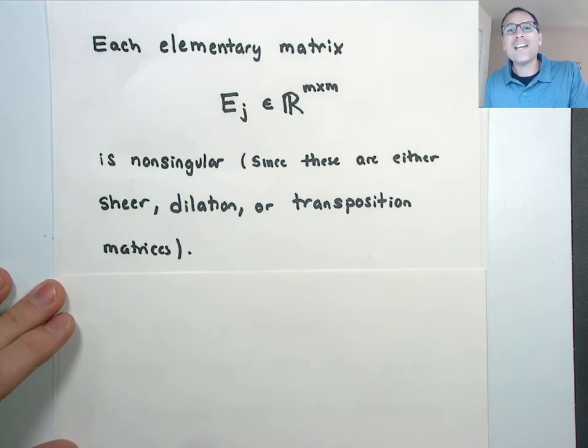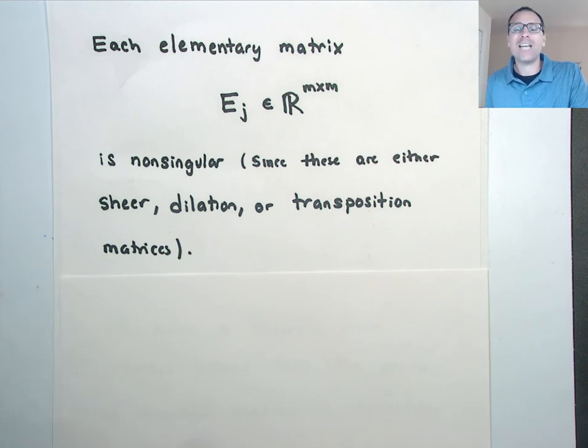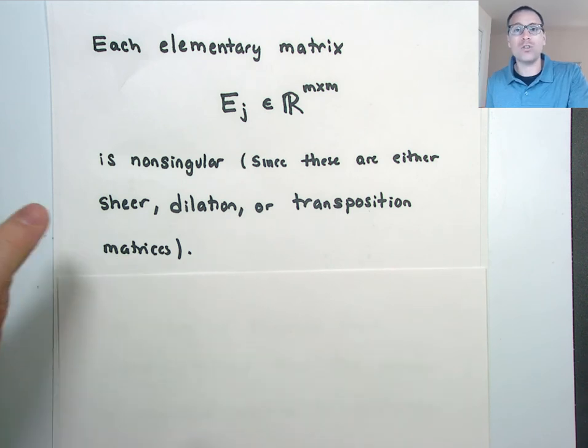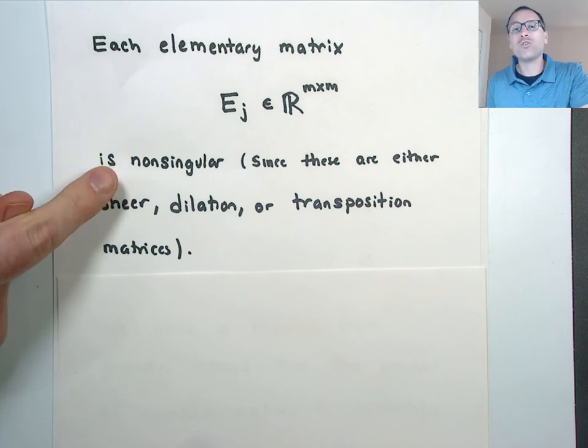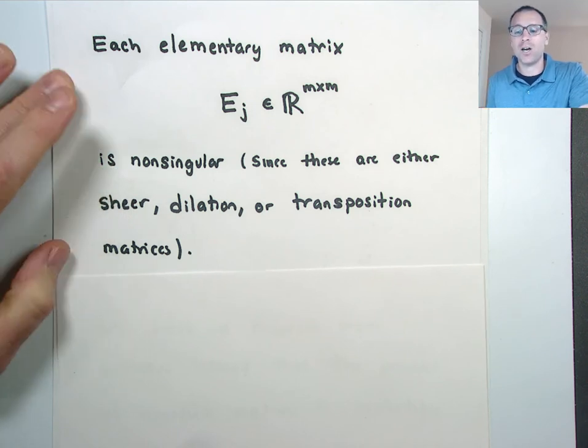We know more than that. We know that each elementary matrix is either going to be a shear, dilation, or transposition, and each of those matrices must be non-singular. We've proven in previous lessons, go back and watch those YouTube videos, or even better, look at your notes, that the elementary matrices, each of them is non-singular.